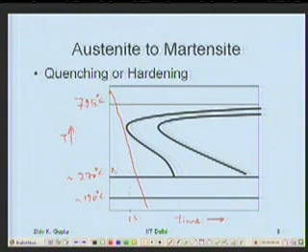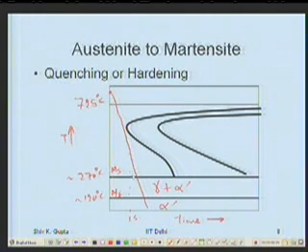Martensite begins to form at this temperature, which is 270, and finishes at this temperature. By the time it reaches room temperature, it's already formed martensite. And in this region, I have both austenite and martensite, while I have here only martensite. So here we are not providing enough time for carbon to diffuse.